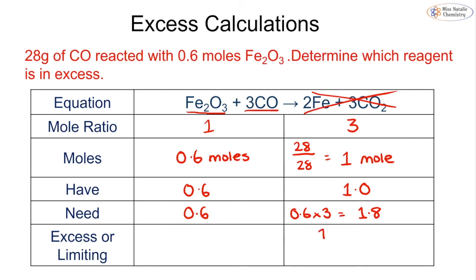I do my comparison, and we can see 1.0 is less than 1.8, meaning I don't have enough of the carbon monoxide to react all of the iron oxide. That must mean that this is the limiting reagent, whereas the iron oxide is in excess.